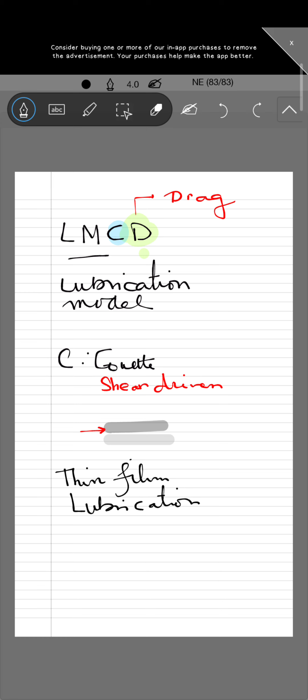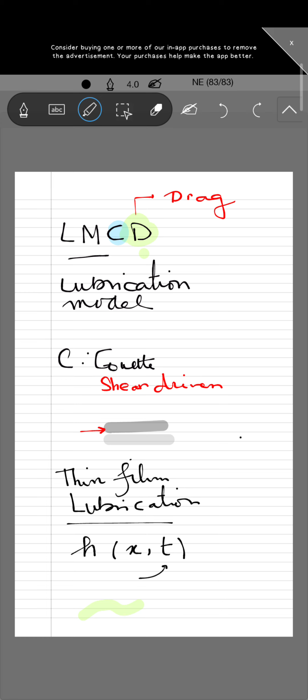Thin film lubrication. Now we can define a thin film quantitatively as a film which has a thickness h, which is a function of distance x and time t. The parameter time is considered because there is a flow involved, so the flow may change with respect to time.